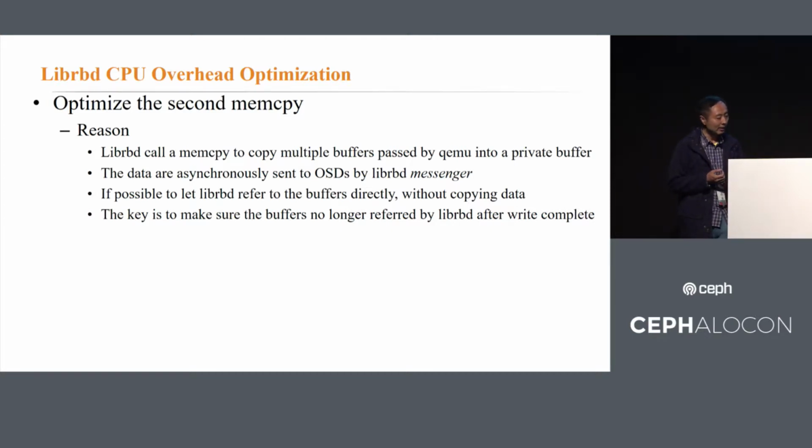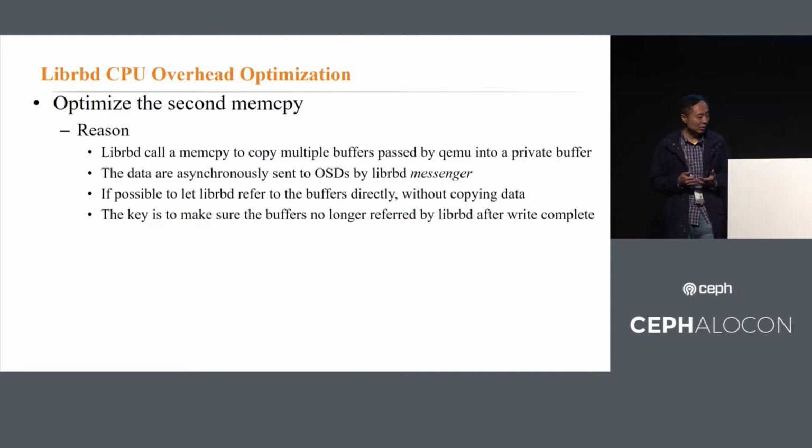Since the data is asynchronously sent to OSDs by the librbd messenger module. So we were thinking, if possible, we would eliminate this memcpy and just let librbd refer to those buffers directly. Why not do this?